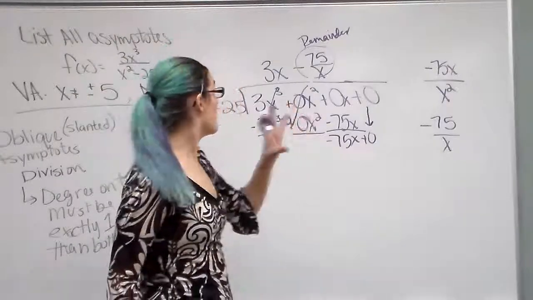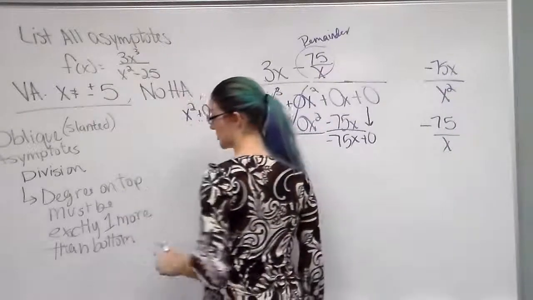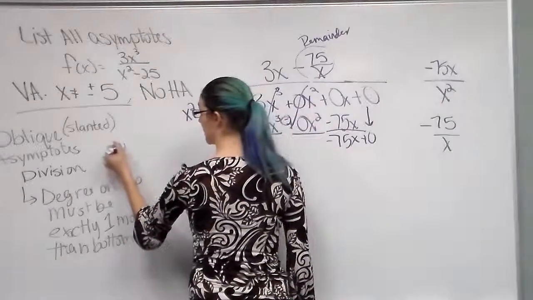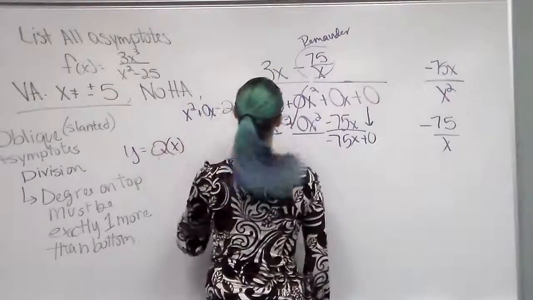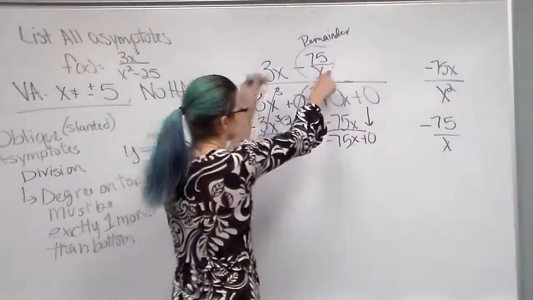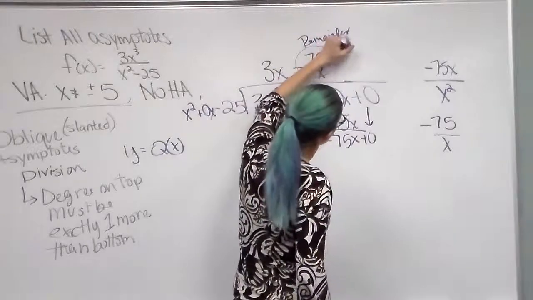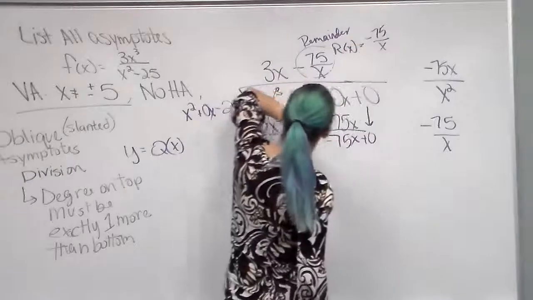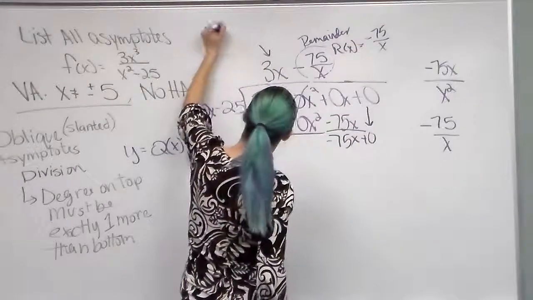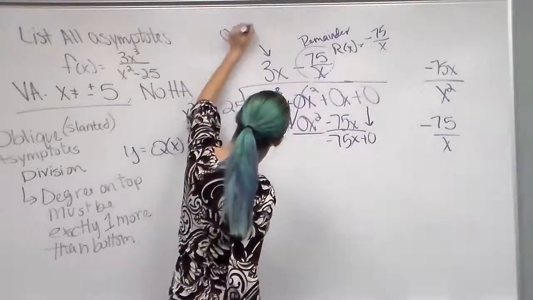Okay? For oblique asymptotes, your oblique asymptote is going to be y equals q of x. So if this is your remainder, that means r of x is negative 75 over x. Q of x would be the front part.